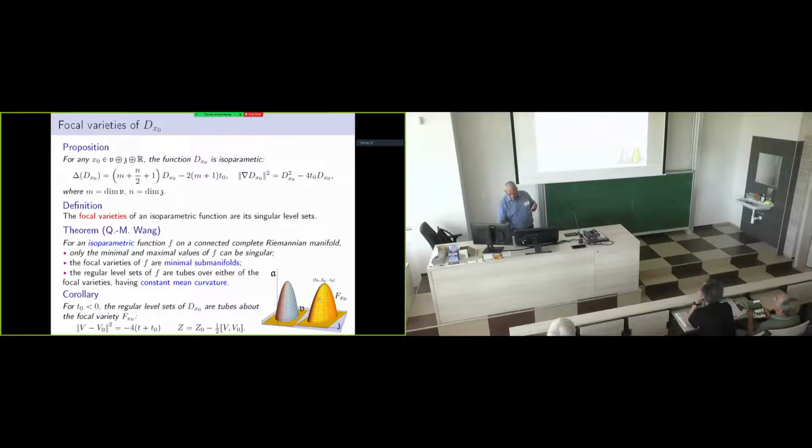It should be mentioned that it's a submanifold whose dimension is equal to the dimension of V, so it's not a hypersurface. It's difficult to draw in the figure something which is in between a hypersurface and a curve. But intrinsically it is a minimal submanifold whose dimension is equal to the dimension of V. So all the other level sets will be tubes around this.